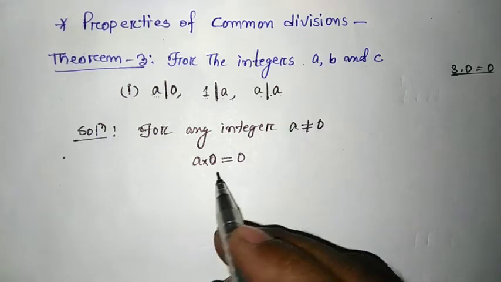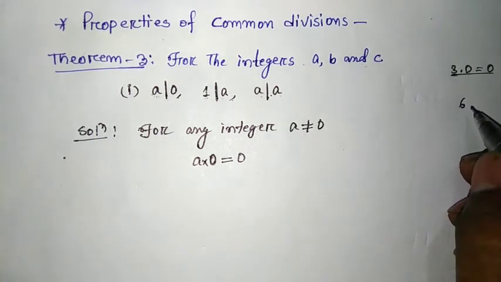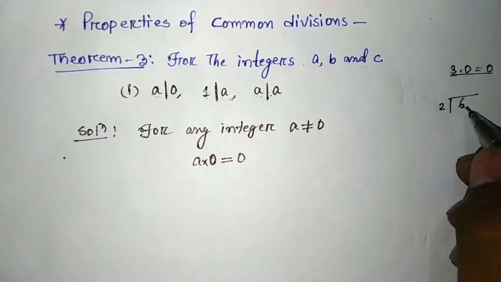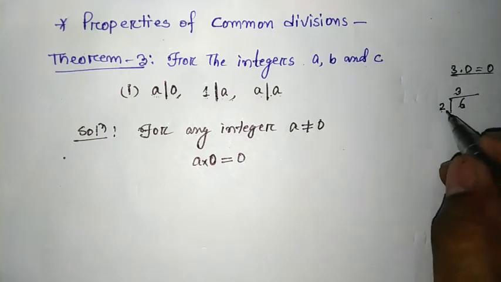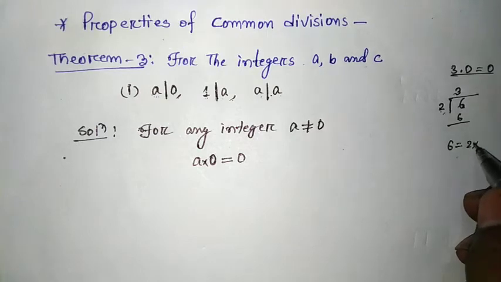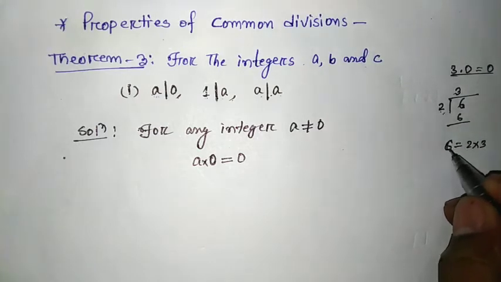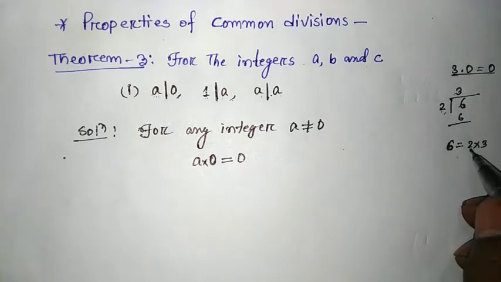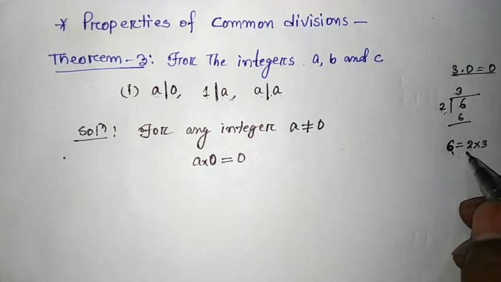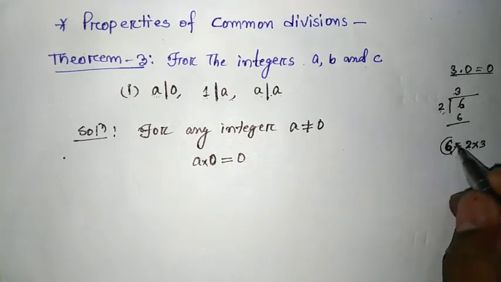From this line we can conclude that suppose 6 is an integer and 2 is another integer. If we divide 6 by 2, then it divides 3 times, so 2 3s are 6. So 6 can be written as 2 into 3. That means if we divide any integer by some integer, then we get a third integer, such that their multiplication gives the main integer.